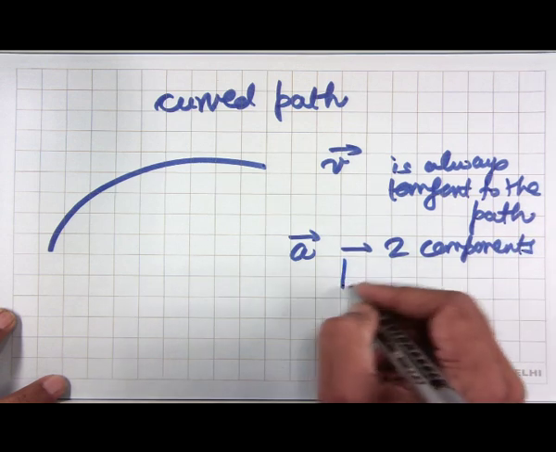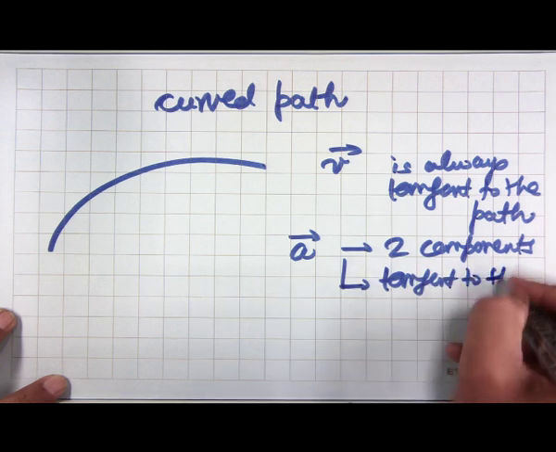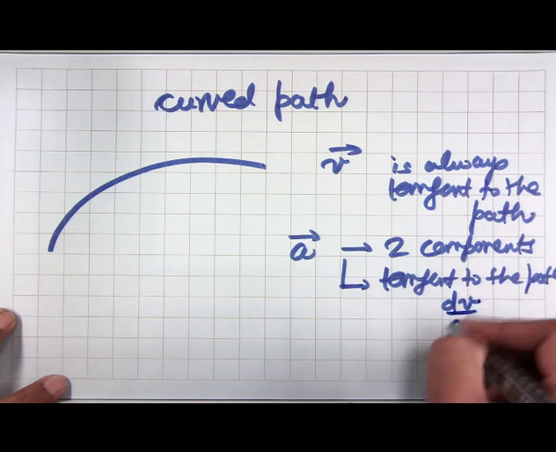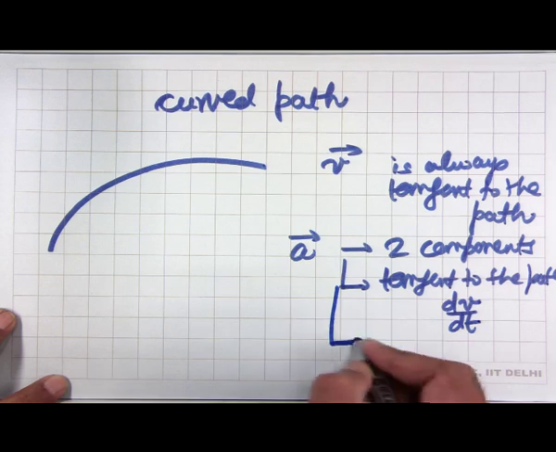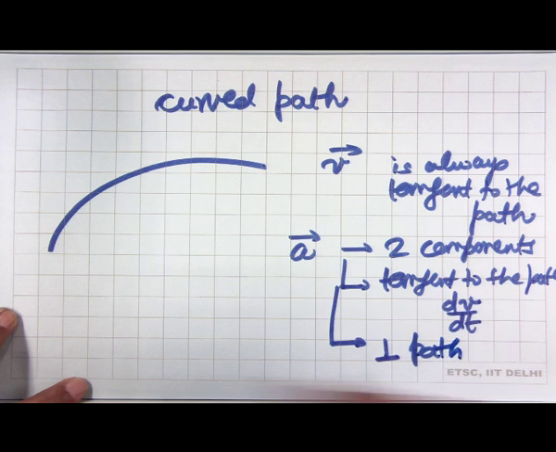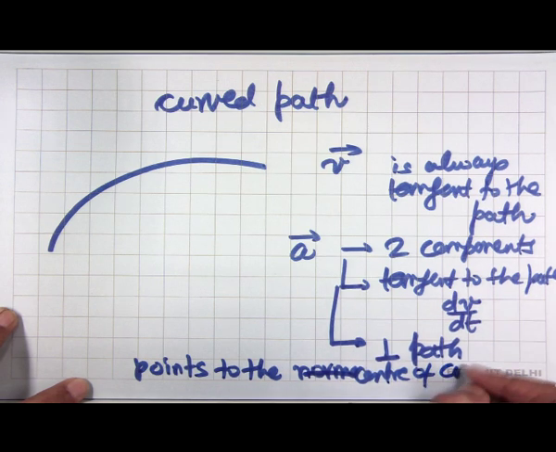A component which is tangent to the path, which is nothing but the rate of change of speed, and a second component which is perpendicular to the path and points to the center of curvature of the path.